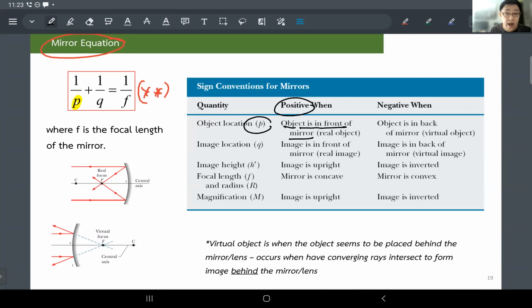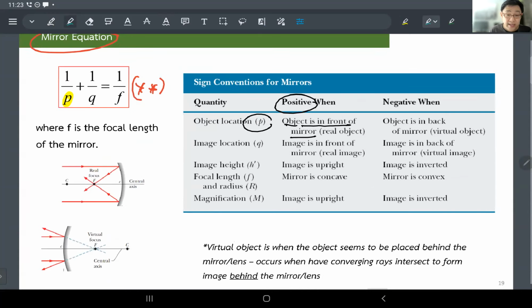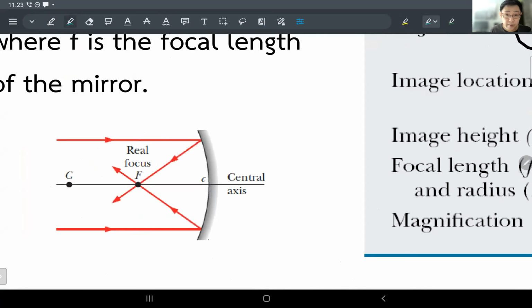Now, turn our attention to the image. When you look at the image, light has to reflect off of the mirror. So the only way that you're going to get a real image is if everything shows up in the front of the mirror. Does that make sense? Because if the image shows up in the back of the mirror, like when we see ourselves in the bathroom mirror, that's a virtual image.